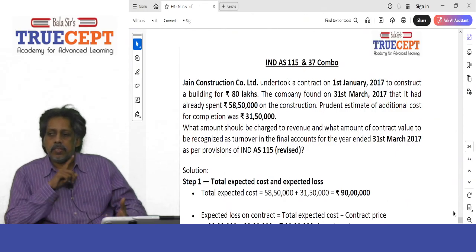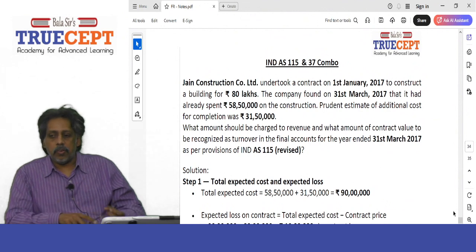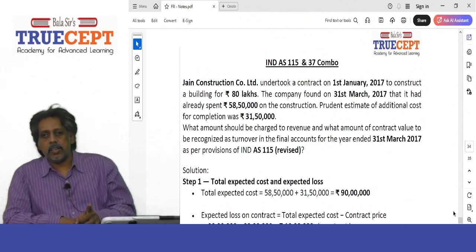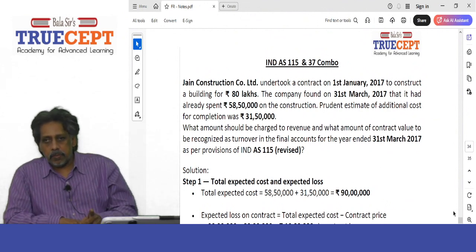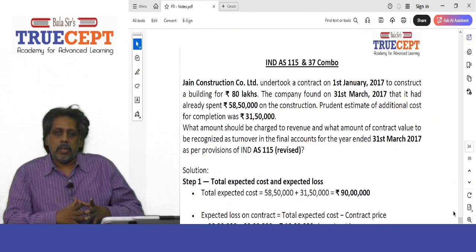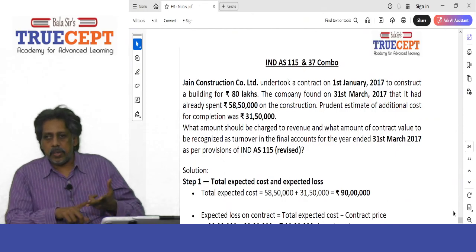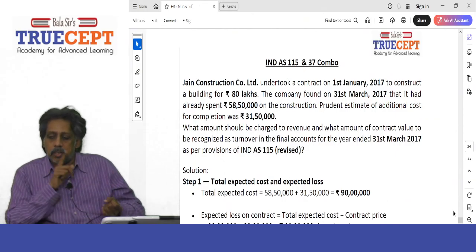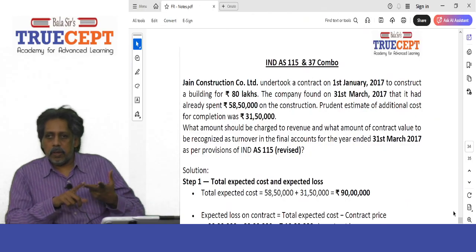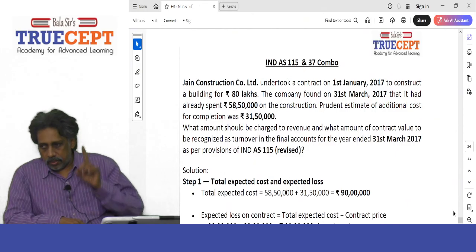It is rupees 58 lakh 50,000, the cost incurred to fulfill the contract by the year end. And another 31 lakh and 50,000 is the estimated cost to complete. Therefore, the total cost is how much? 90 lakh will be the total contract cost.